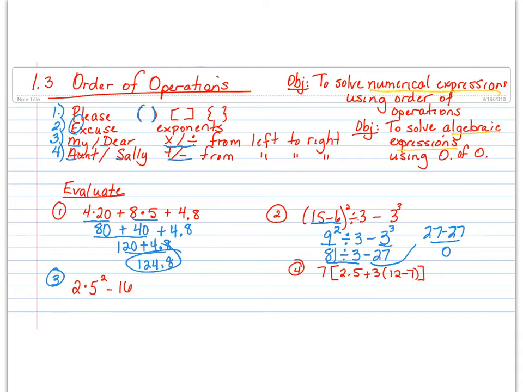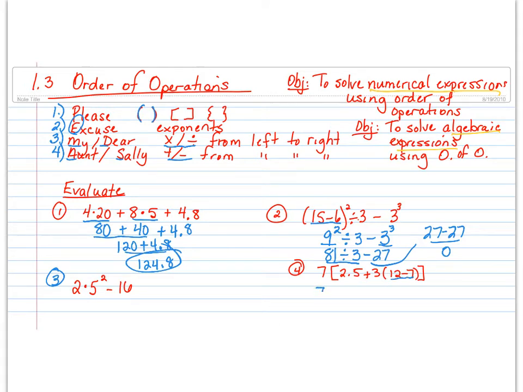If you look at number 4, it has parentheses inside of parentheses. So, oh geez, I got to work inside, all the way inside. So I have to figure out 12 minus 7 first.